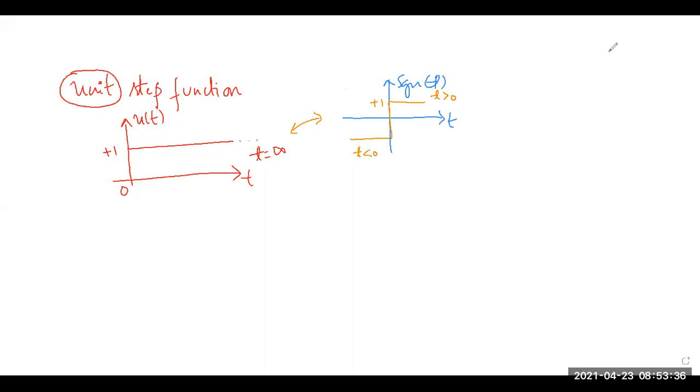Anyone who can unmute their mic, if anybody is willing to unmute and speak up a bit, compare the unit step function and the signum function and let me know what similarities I am having between these two signals.